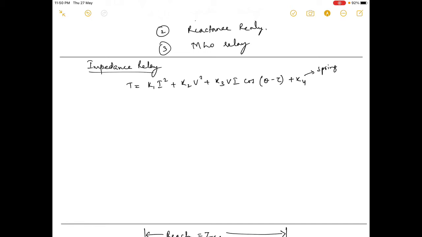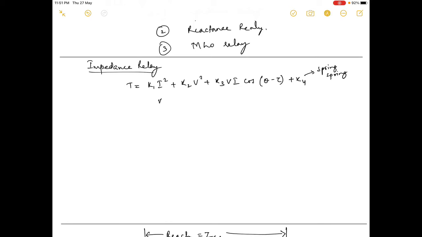There is a restraining spring inside the relay. And of course it depends on the voltage term, current term, and the cosine of the angle between voltage and current. We have seen this. So we can make use of this universal equation to get the impedance relay.